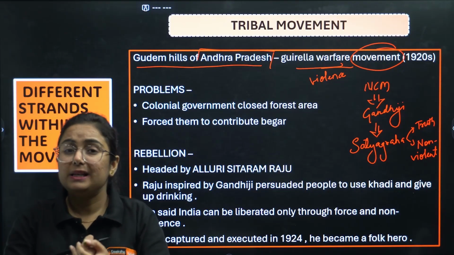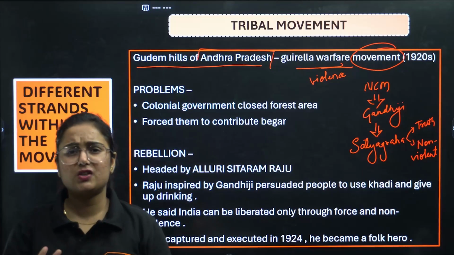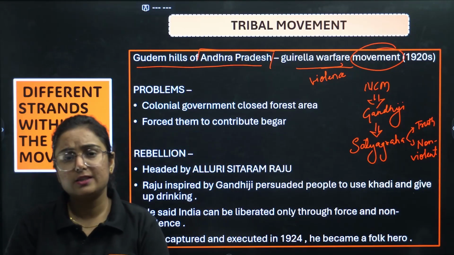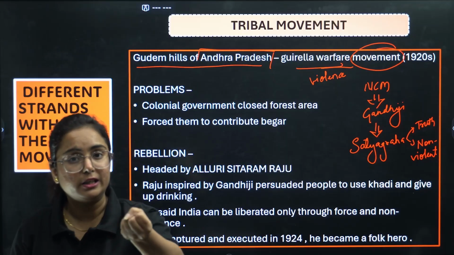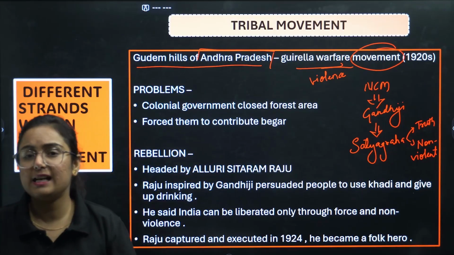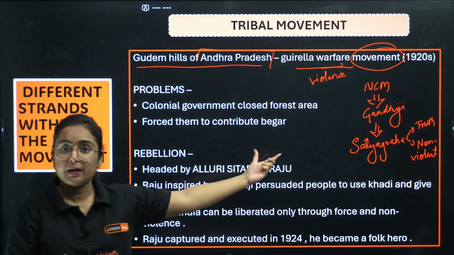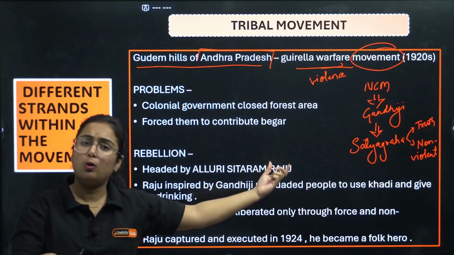They believe that the forest is their homeland. They have lived there since ages. They do all the activities there. Now they are not allowed to enter that forest. They are not allowed to use the forest produce. They were very agitated by this. They were forced to contribute as begar, forced labor, in their homeland itself.